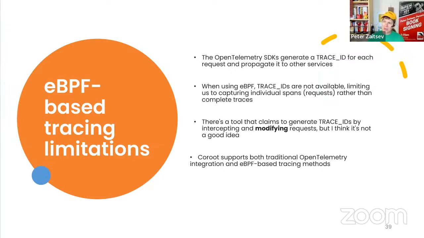But what it has to do is transparently modify requests to inject that trace ID, and hopefully the application will propagate that, which is nice, but also a more dangerous approach. The eBPF that Coroot does, I should say, is completely passive.